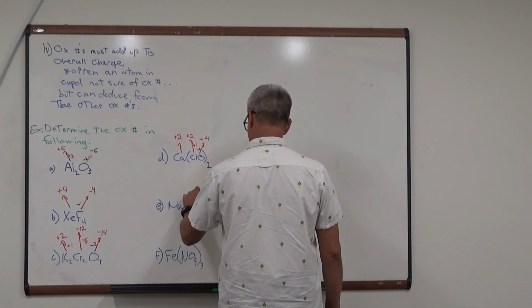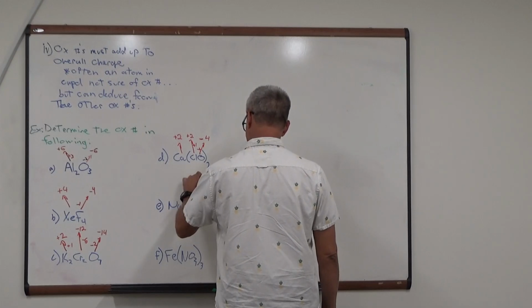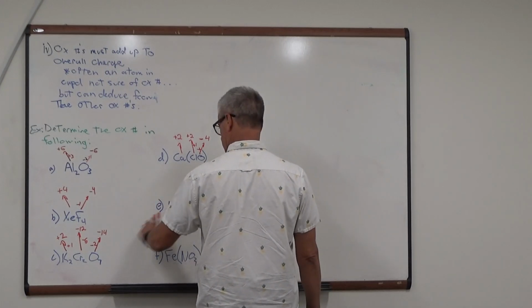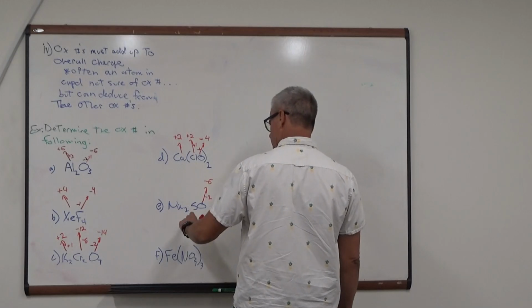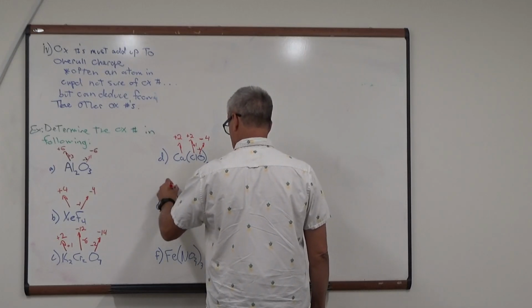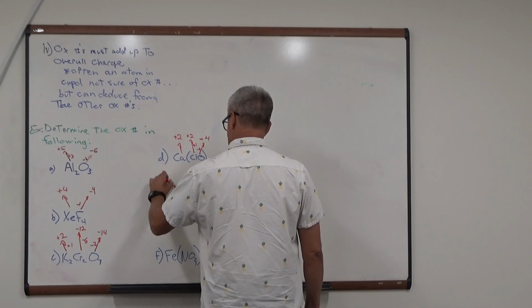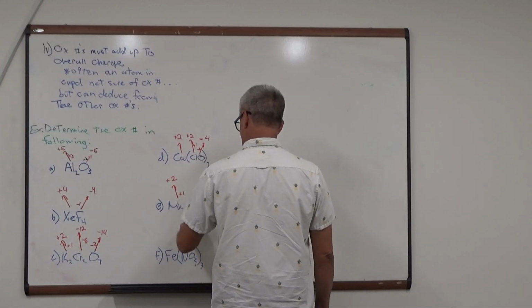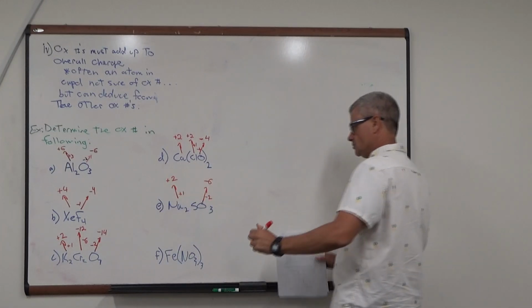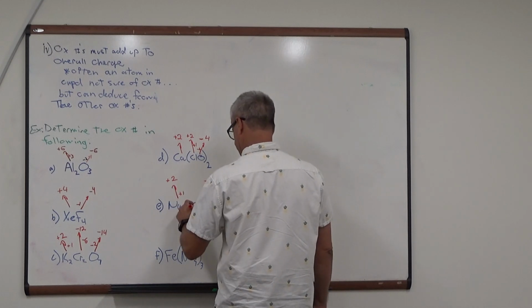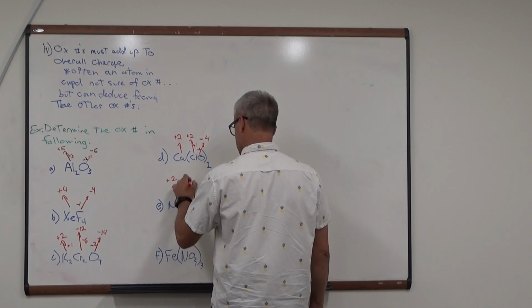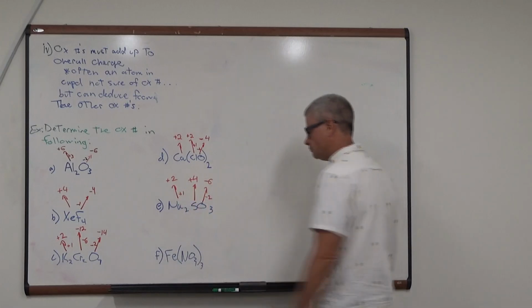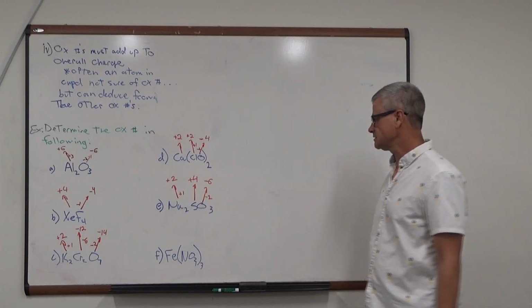So -2 for each of the oxygens, so -6 total. Sodium is an alkali metal, just like potassium, so those are each +1, so +2 here. So the sulfur has to counter -4, and so the sulfur must be +4 because there's just 1 sulfur. Make sense?